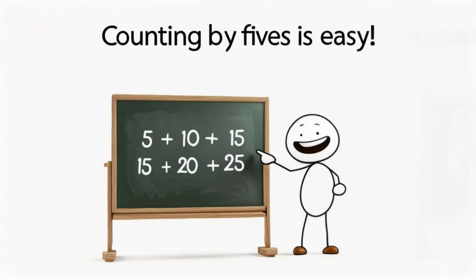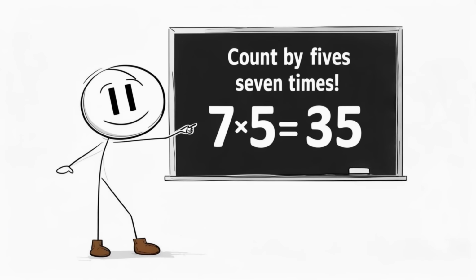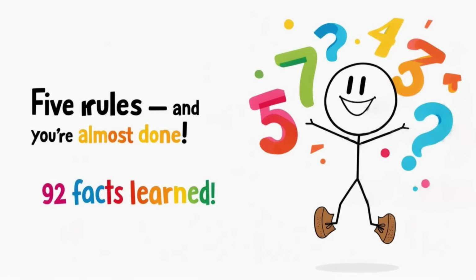So, if you need to find 7 times 5, you just count by 5s 7 times. 1, 2, 3, 4, 5, 6, 7. Stop at 35. That's your answer. Once again, because multiplication works both ways, you also know 5 times 7, 5 times 6, 5 times 9, all from the same pattern. Now you already know 92 facts just from 5 rules.